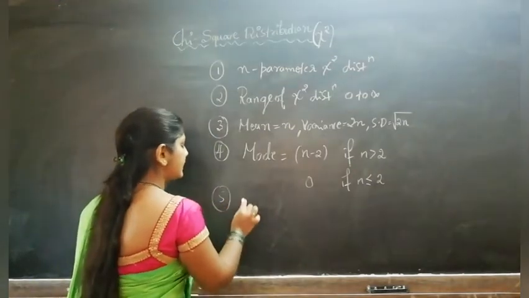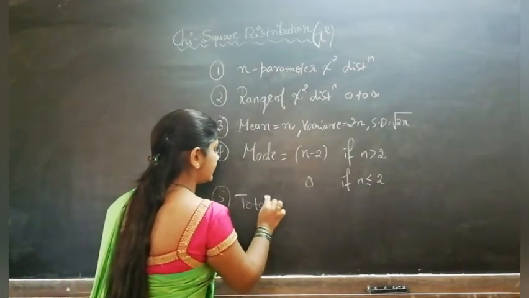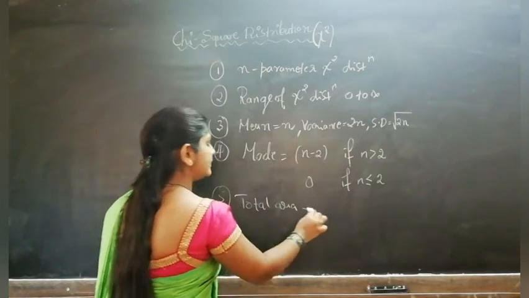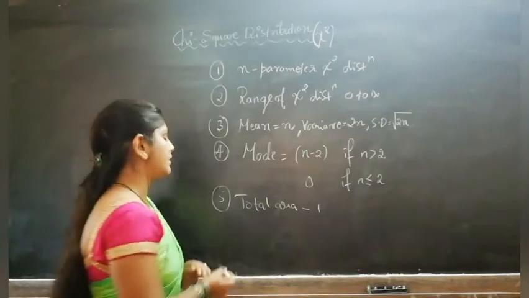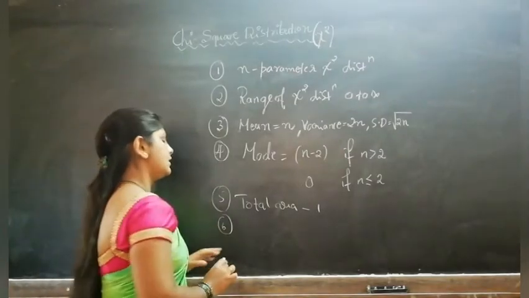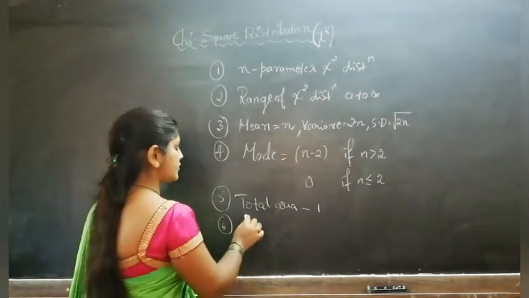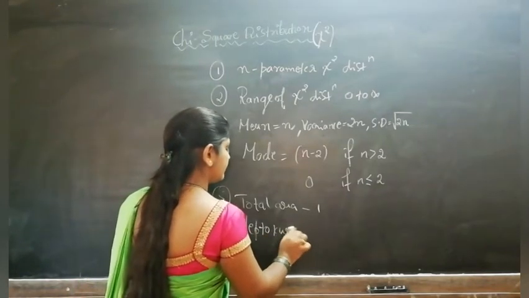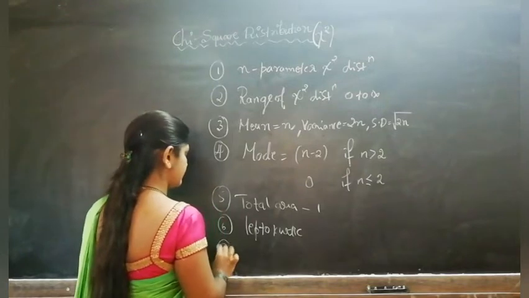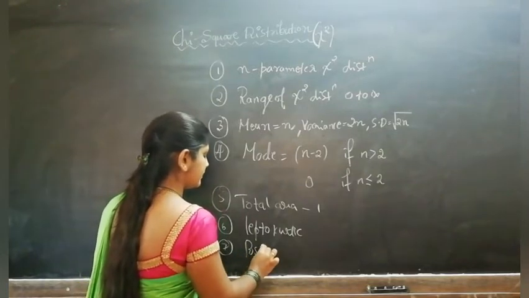Then the total area under the chi-square curve is equal to unity, that is 1. Then the sixth one: this chi-square distribution is leptokurtic, and it is positively skewed.